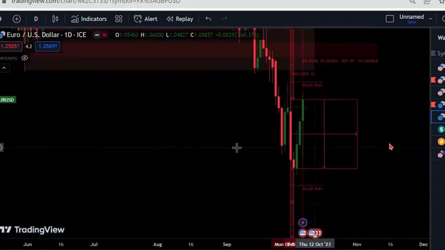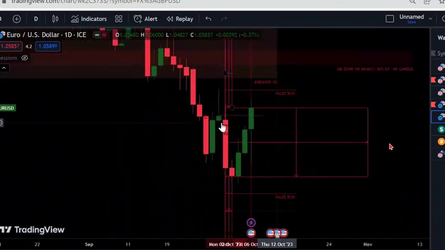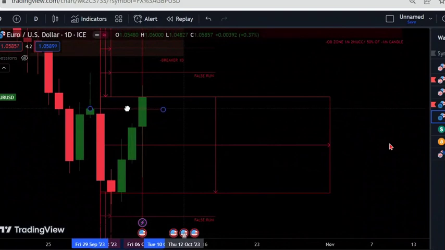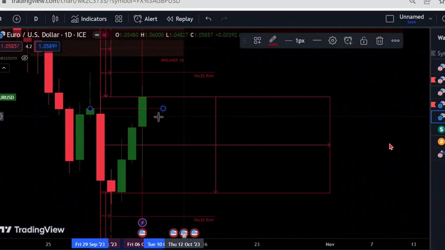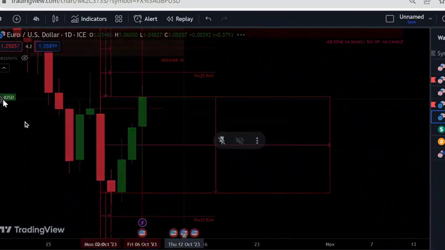Now make the line as perfectly straight as you can, and try to put it on the body. Just bring the right side up a little bit. You're going to have to move it up with your mouse. Okay, now go down to the 4 hour chart, because what we're about to do is put the pearls on here.